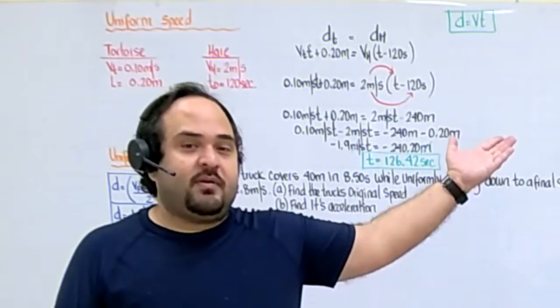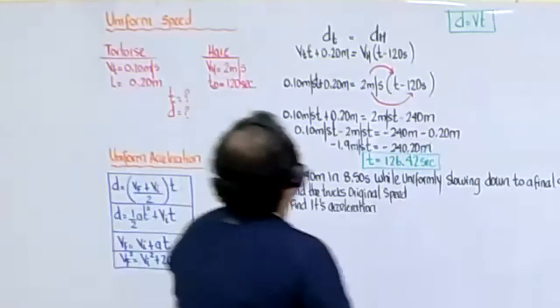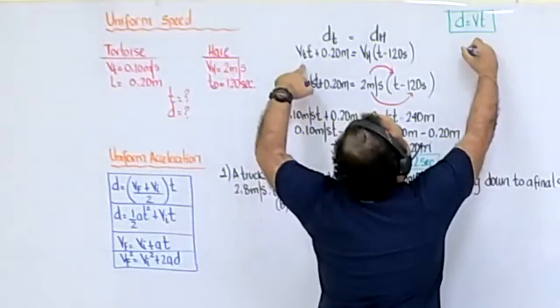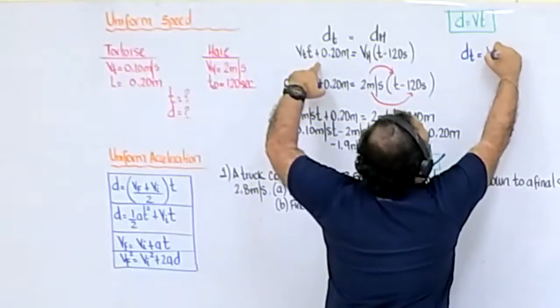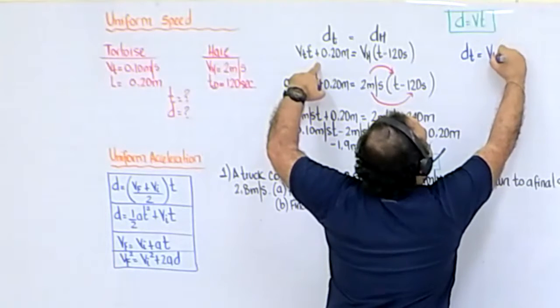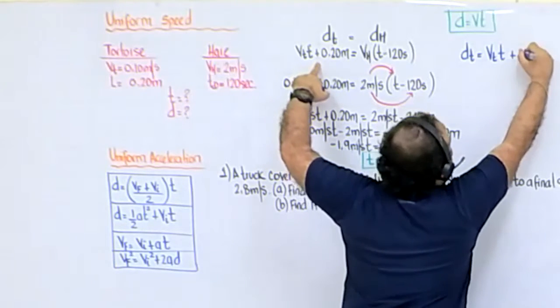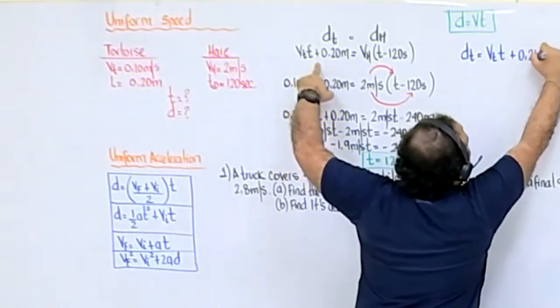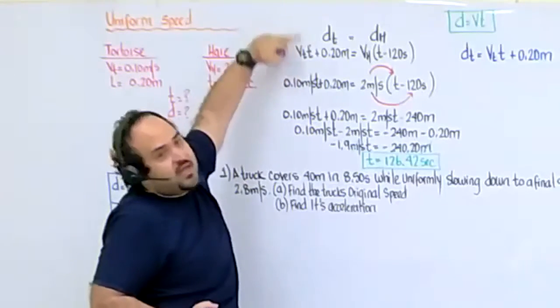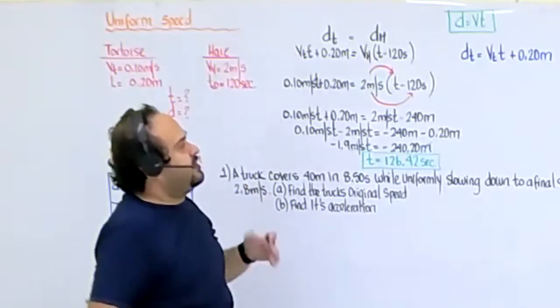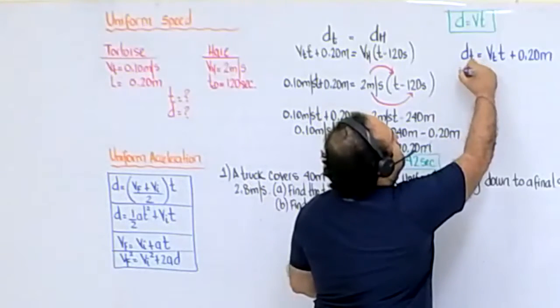The turtle's. The total, okay. Distance of the total. Remember, the formula for the distance of the total equals velocity of the total times time, plus 0.20 meters. Okay, this is the formula for the distance of the total. Now I'm going to replace this one.